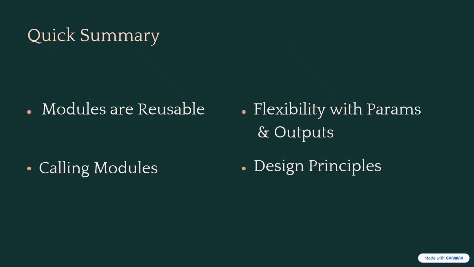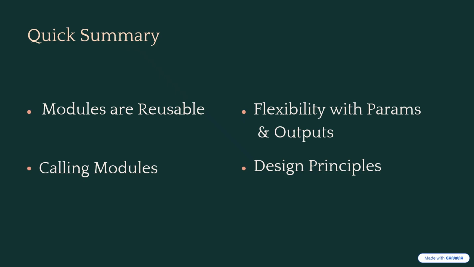Let's have a quick recap of what we've discussed today on Bicep modules. We talked about modules being reusable, in that they are distinct Bicep files designed for component reuse. We also looked into the flexibility of parameters and outputs. We use parameters for customization and outputs for inter-module communication.